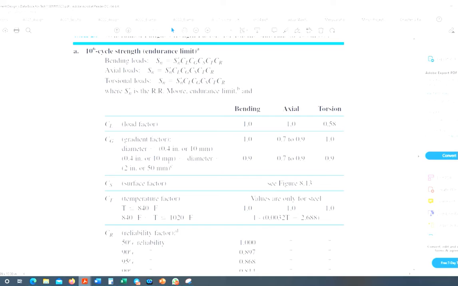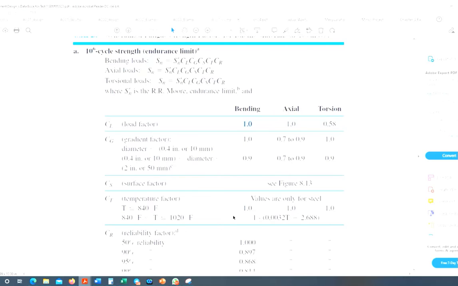Diameter here is 35, so between 10 mm and 50 mm it is 0.9. So we take gradient factor 0.9, load factor 1.0.